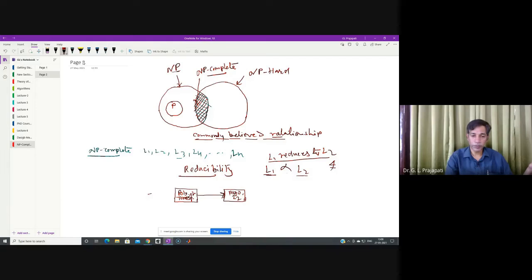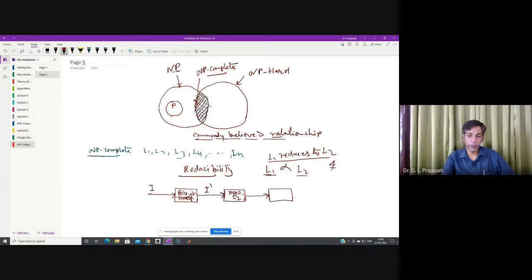So you have the instance, which means you have the input. This is the input of L1. You need some polynomial time transformation, and this will become I dash. I dash is the input which algorithm 2 can take. Once algorithm 2 runs, it produces output, which may be a graph or a list, whatever.